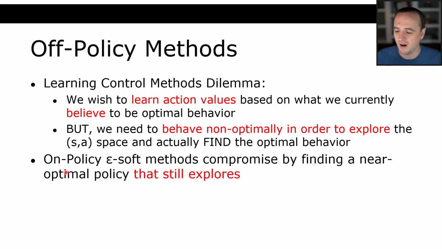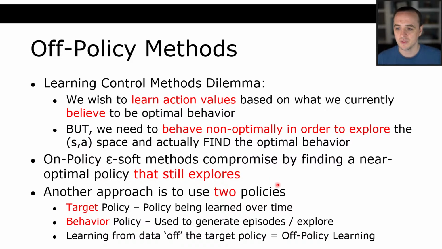So when we're doing on-policy things, on-policy Epsilon-Soft methods are a compromise. We find a near optimal policy, but that policy still explores. So how could we solve this problem, right? Well, let's use two policies. Instead of on-policy, where we have a single policy that we use to both generate the exploration and end up with at the end, we're going to use two policies.